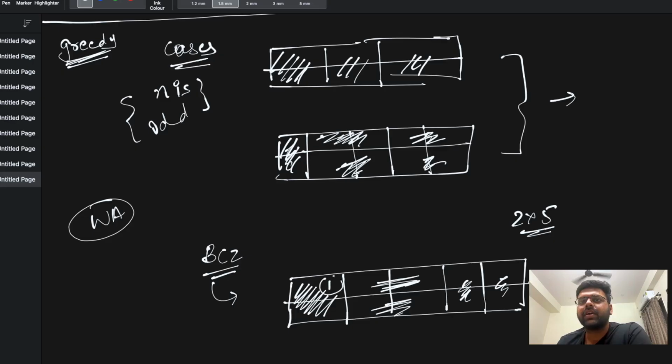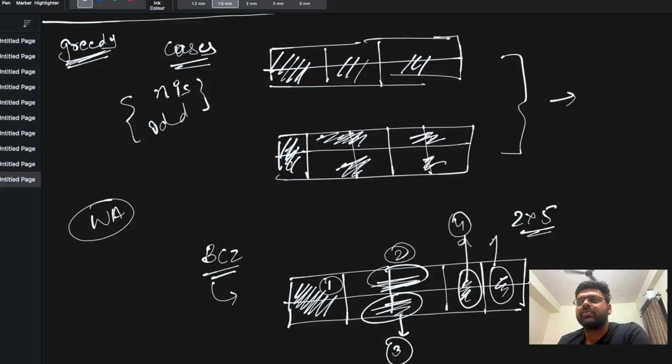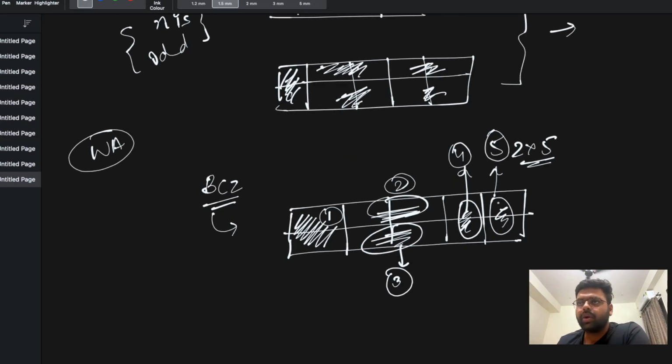Like 1, this has to be 2, this has to be 3, this has to be 4, and this has to be 5. So these 5 pairs could also be possible. I'm not bound to take horizontal only, or this. I'm having two options: either to take the vertical or take the horizontal.